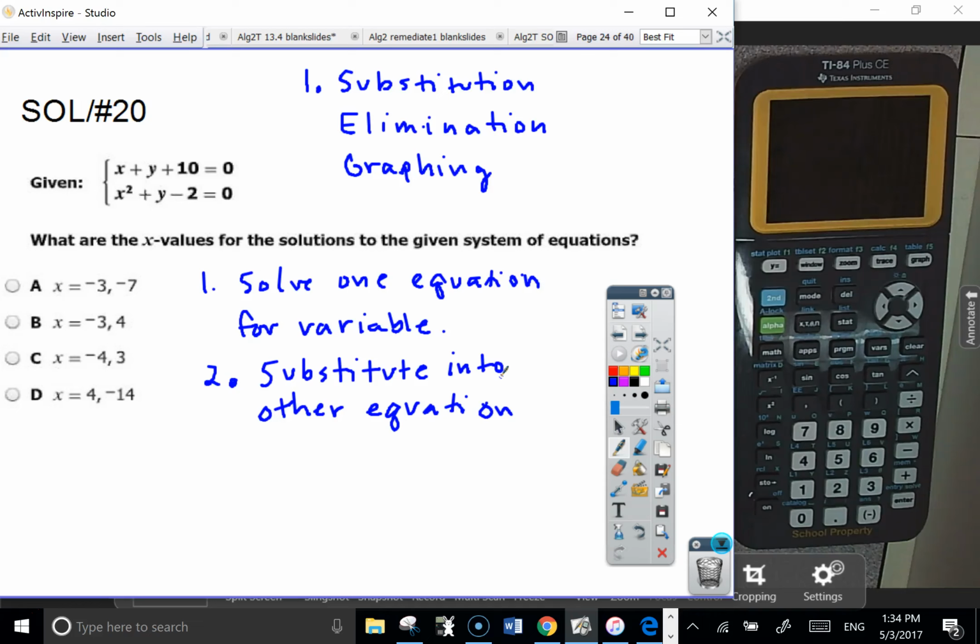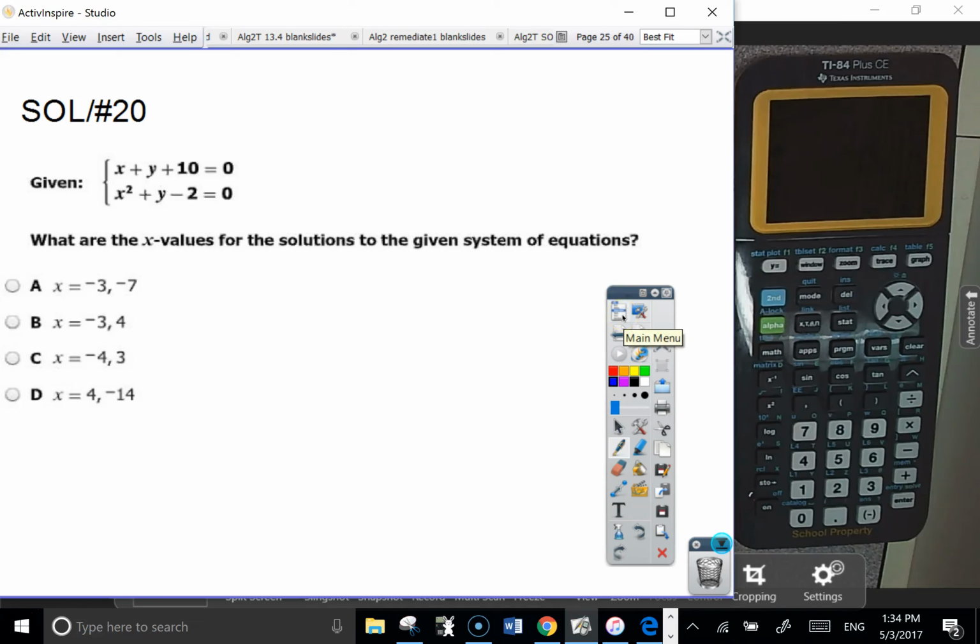Okay, how about elimination? How does that work? Okay, so we're going to add or subtract these equations to eliminate one of the variables.